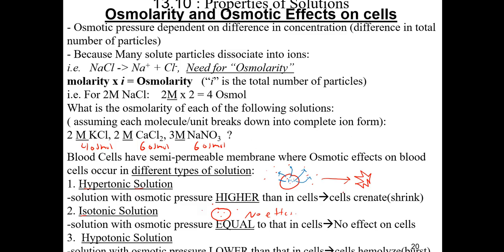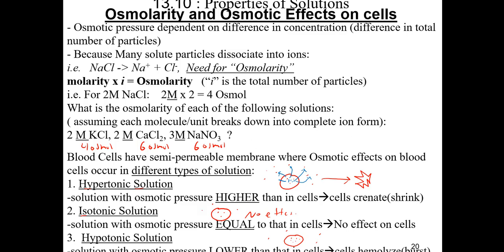Crazy. So let's do another situation. Here's hypotonic. So here I'm going to go ahead and have quite a few solute particles on the inside of the cell and then very few on the outside. So hypo means low, and then tonic refers to the solute particles.